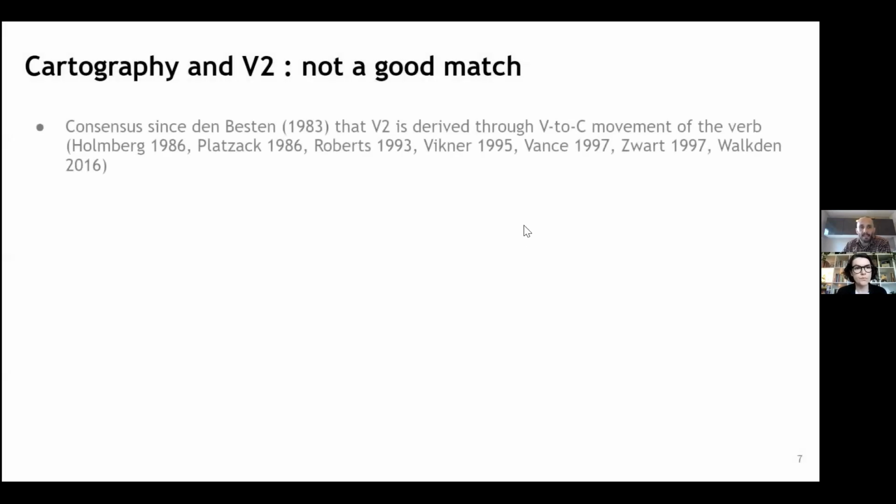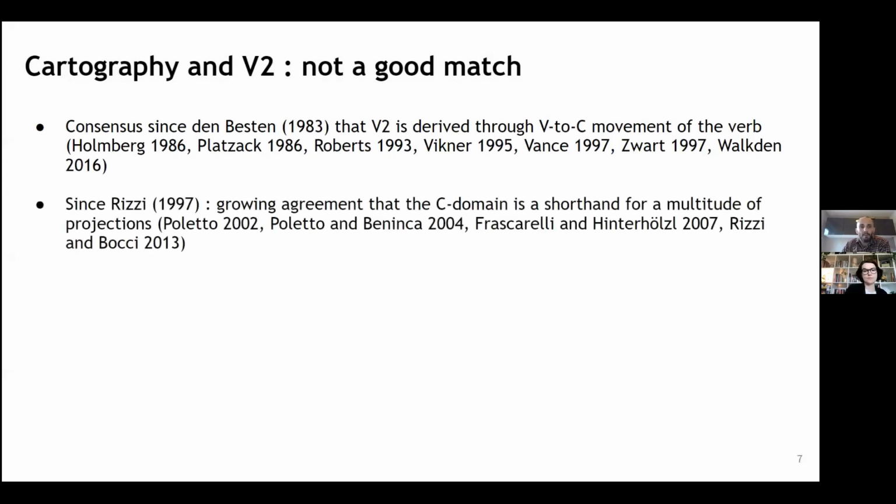And the thing is that there has been a consensus since Den Besten that verb-second is derived somehow through V-to-C movement. But life was simpler in the 1980s and 1990s because when you worked within a single CP model, that kind of explained the linear restriction to a single constituent. But since Rizzi, there is a growing agreement that the C domain is just a shorthand for many, many projections.